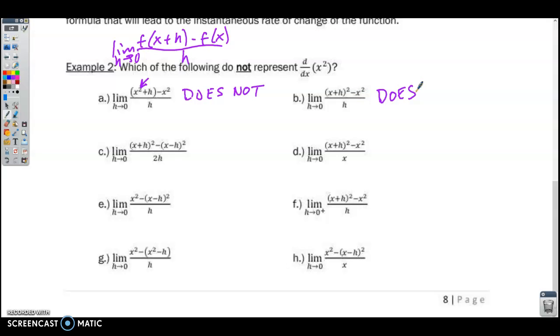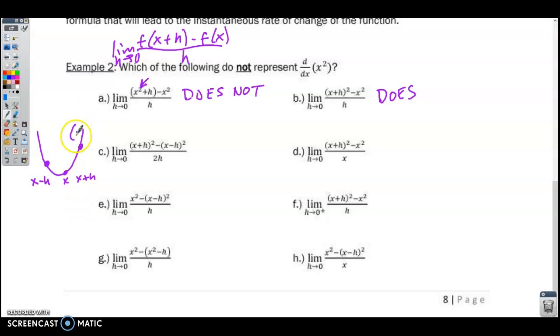Part C is a little trickier for you. It's not a form we've seen, but if you imagine the curve y equals x squared, what we can do is, if we have a point x, and we go the same distance from it in either direction over to x minus h and x plus h.